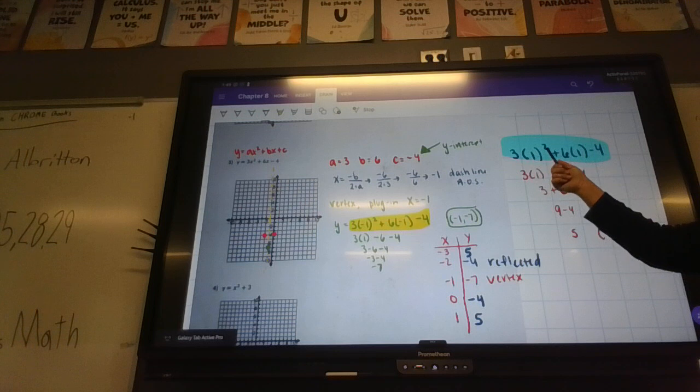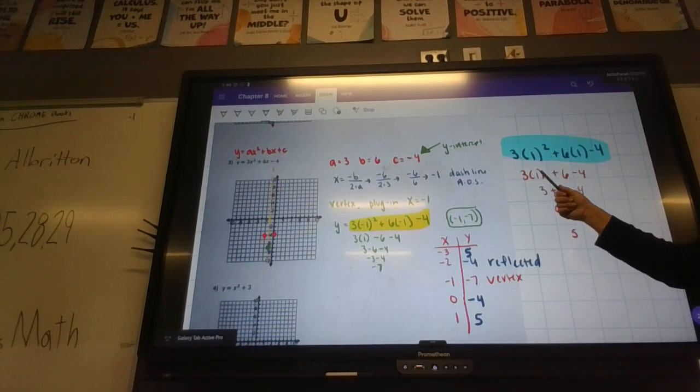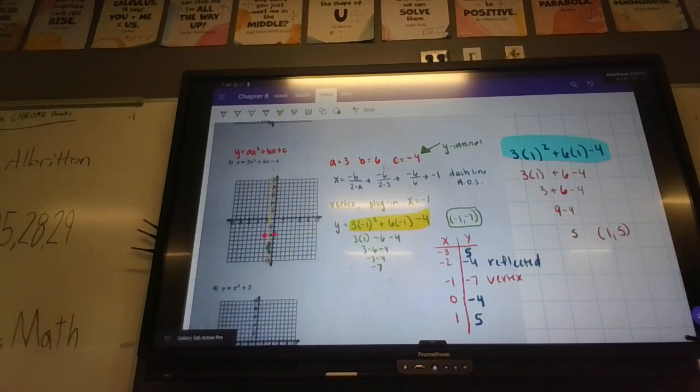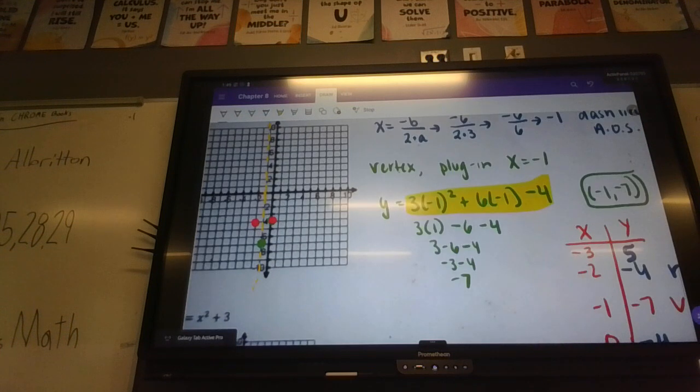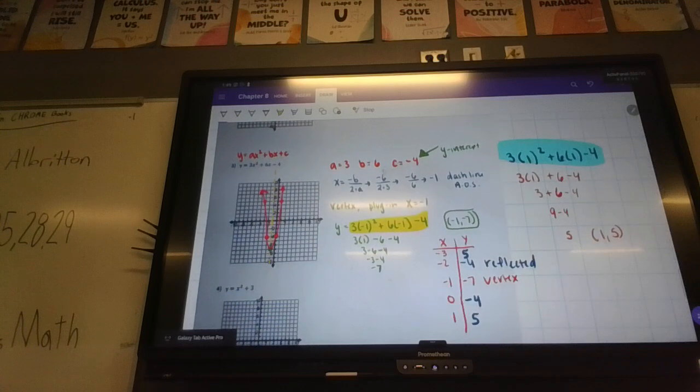So the exponent goes before multiplying. So 1 squared, 1. And then 1 times 3, 3. All right, 1, 5. If we did it with negative 3 in the problem, we get the same answer. Yes, you would. They're both 5. All right, there it is.